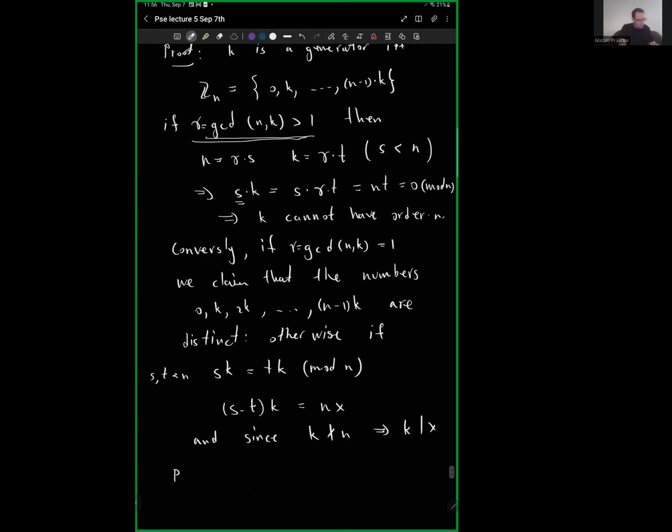But then (s minus t) k, which we assumed to be equal to n times x, is going to be equal to n times k times y for some y.